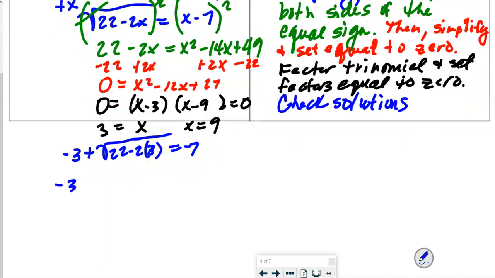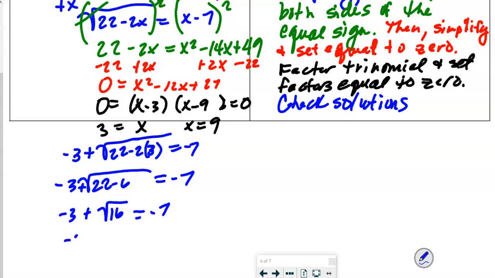So we get negative 3, this is 22 minus 6 equals negative 7. That's a plus right there, sorry. Negative 3 plus the square root of 16 equals negative 7. That's negative 3 plus 4 equals negative 7. No, it does not. So that's a 1 that does not equal a negative 7, right? So that means this solution at least is extraneous, right?